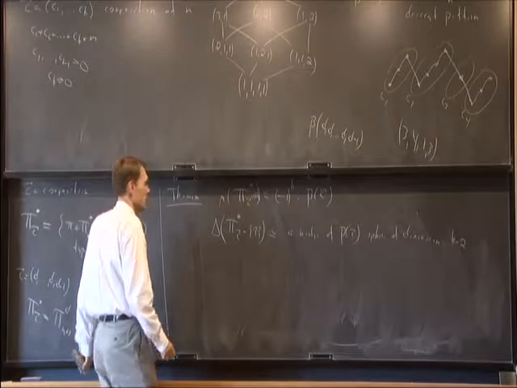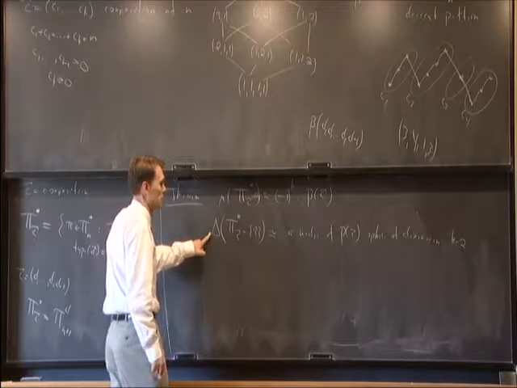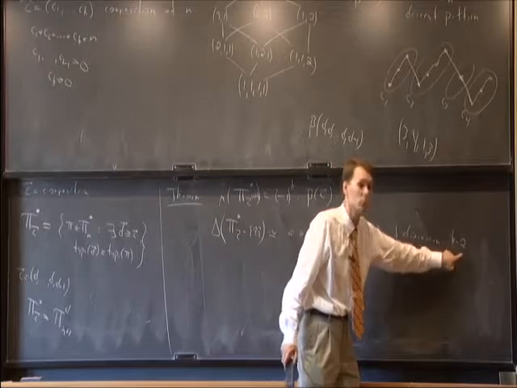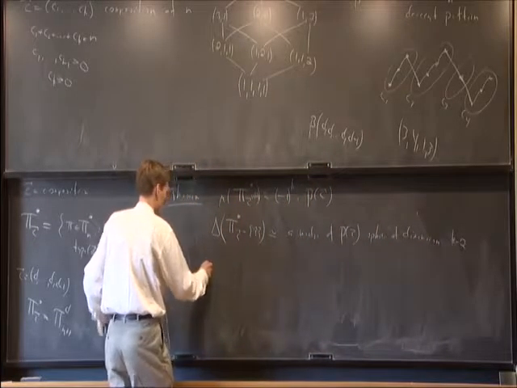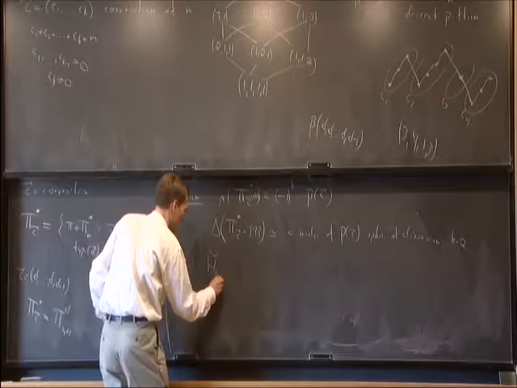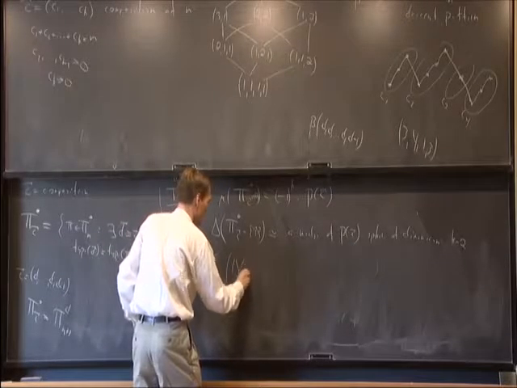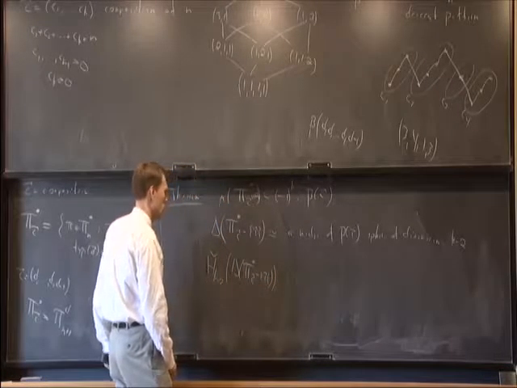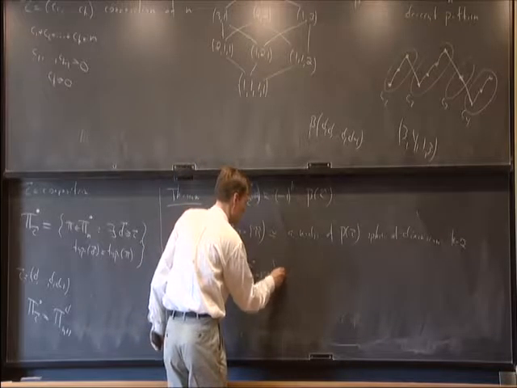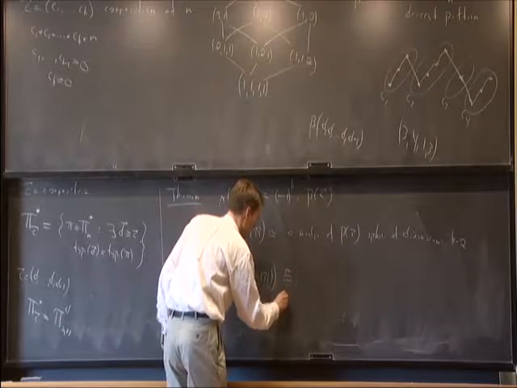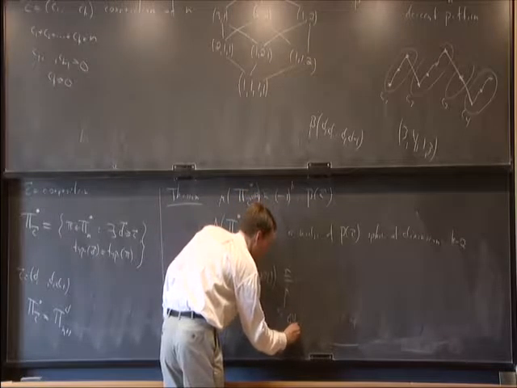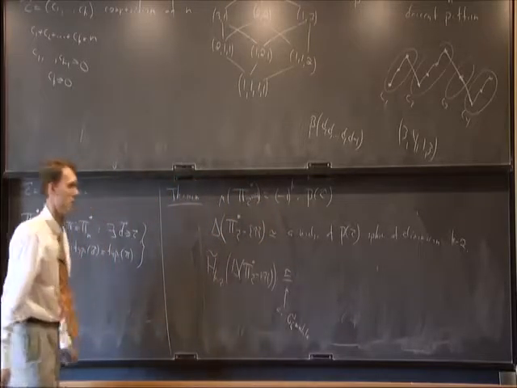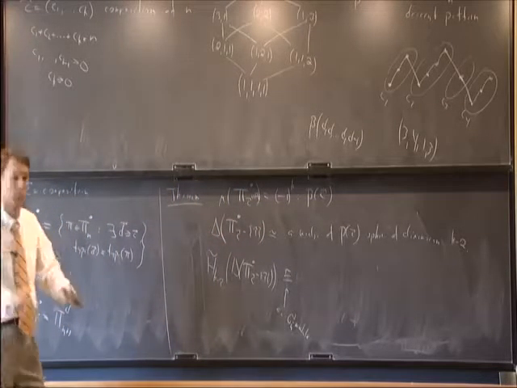And finally, we know that I have spheres of dimension k minus 2, so the only reduced homology happens in dimension k minus 2. So I can look at the reduced homology in degree k minus 2 of this order complex, and this is isomorphic as an S_n module to the right Specht module.